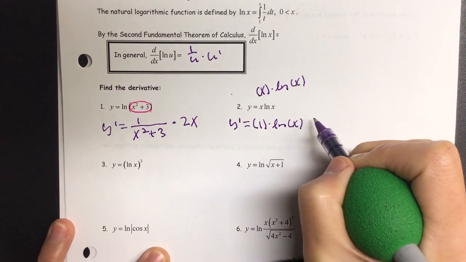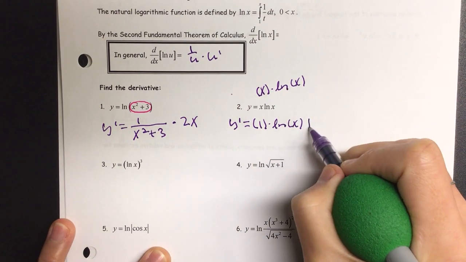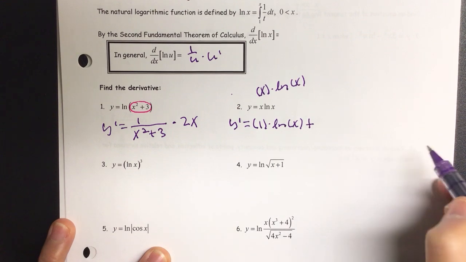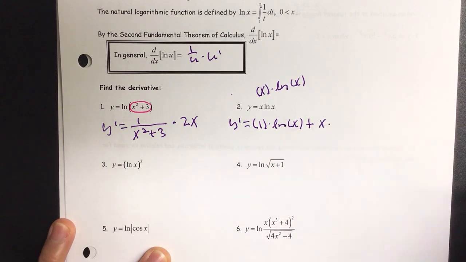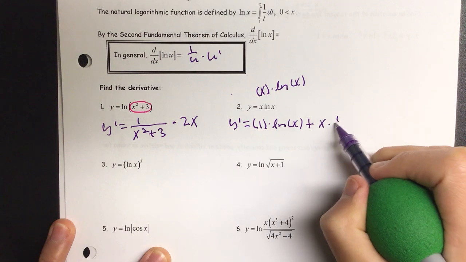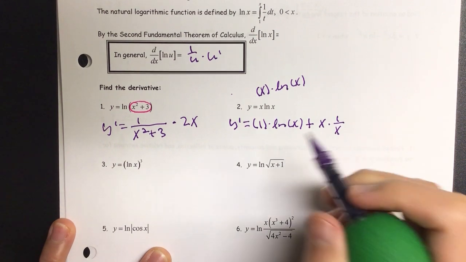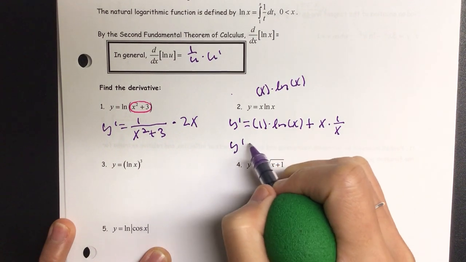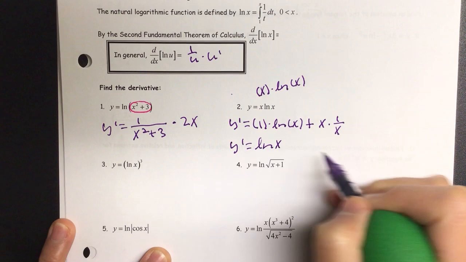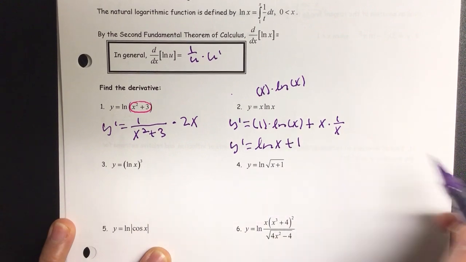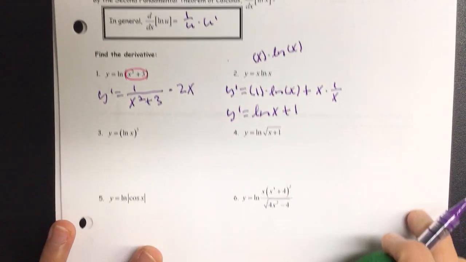And what sign separated between those two? Addition. Then we keep the first one, and when I derive the natural log of x, it's just 1 over x. And of course, times 1, because the derivative of the bottom is 1. And the better answer to this when I simplify will be the natural log of x plus the 1, since the x's will cancel each other out.